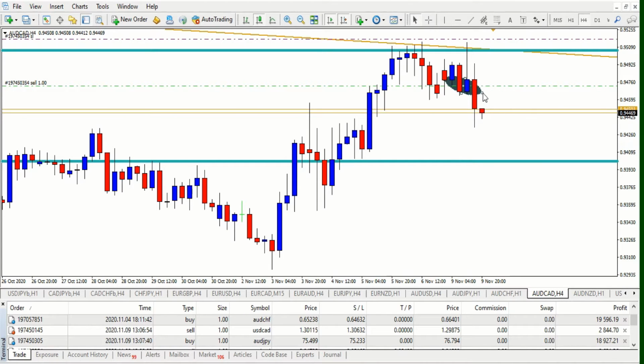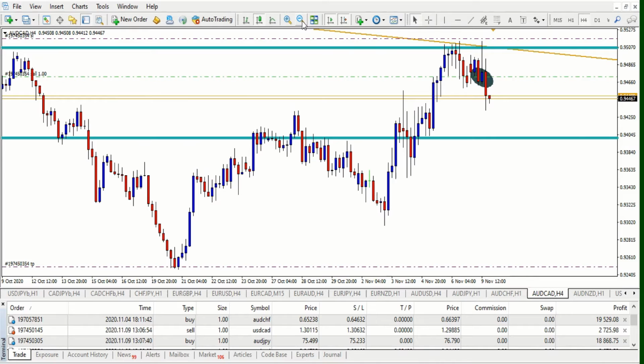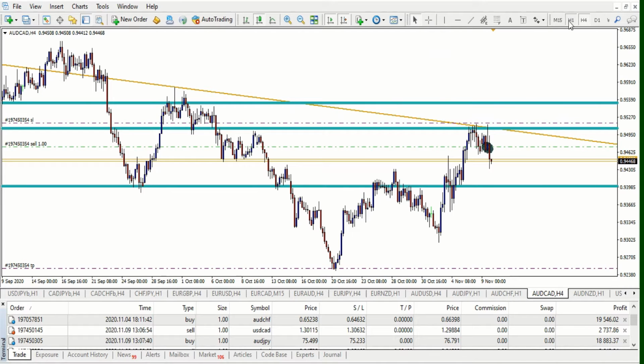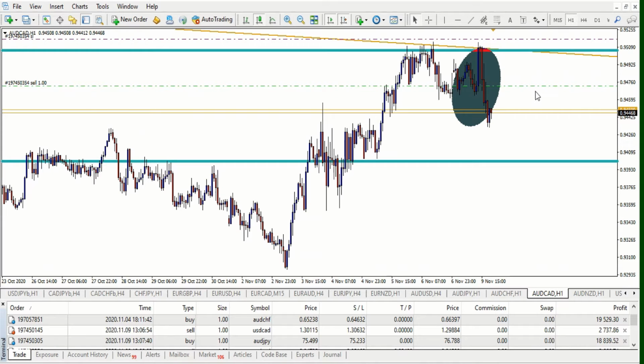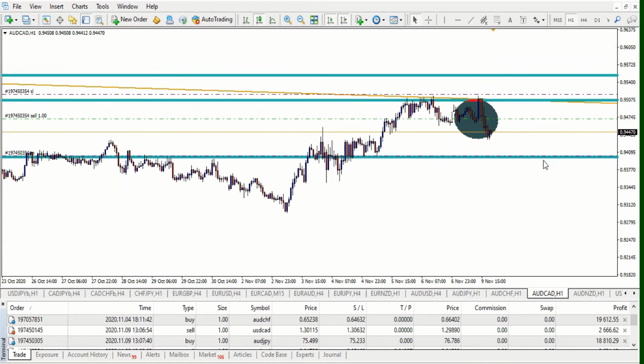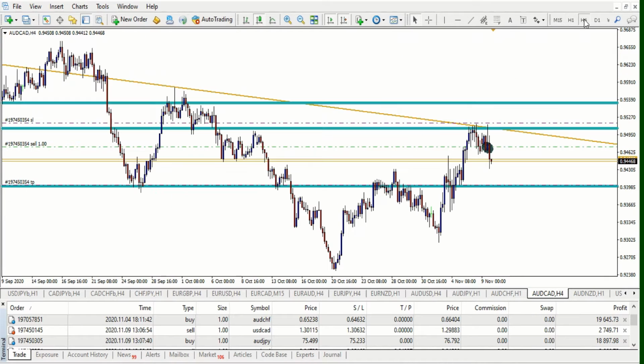That's where I made my entry. So we can see that the market is now moving in a bearish direction, and maybe my first take profit will be in this zone, right? And then if the market breaks and retests this zone, I'll place another trade. Okay, so that's the trade I took for the Aud Cad.